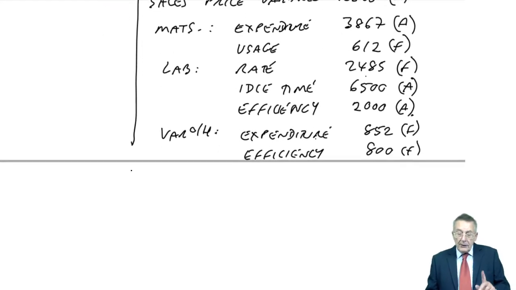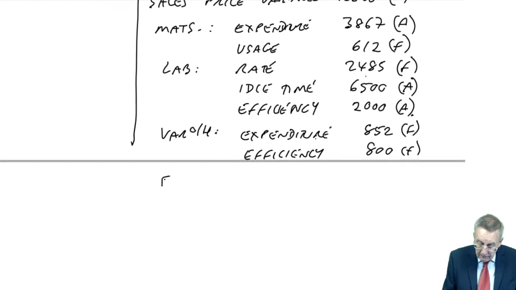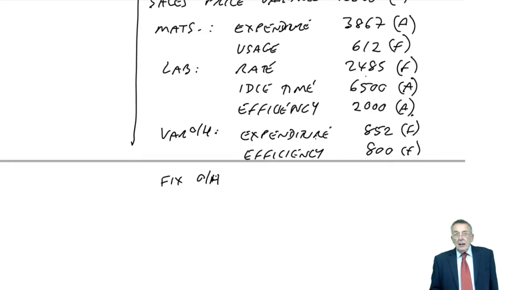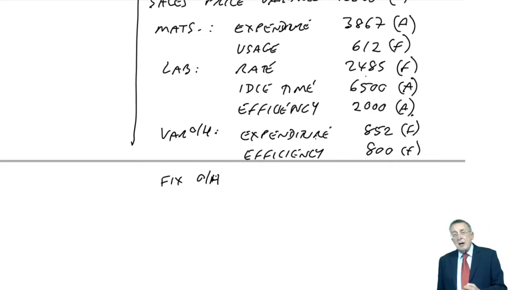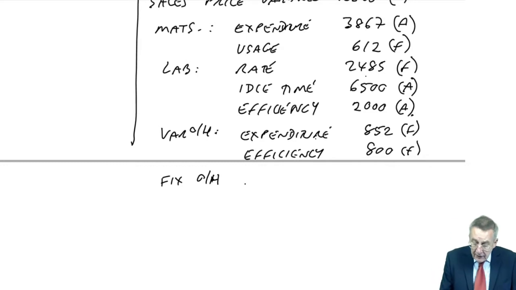However, the other change, fixed overheads. It starts off okay. Fixed overheads, remember, should stay fixed. And so, when we looked at the expenditure variance using marginal costing, we simply looked at the difference between the actual total and the budget total, the expenditure variance.